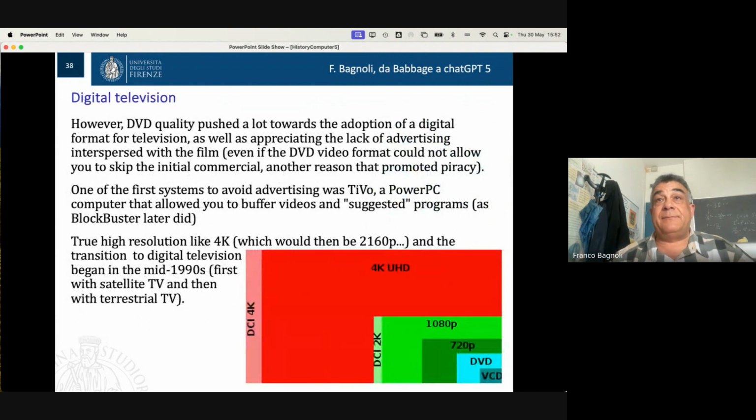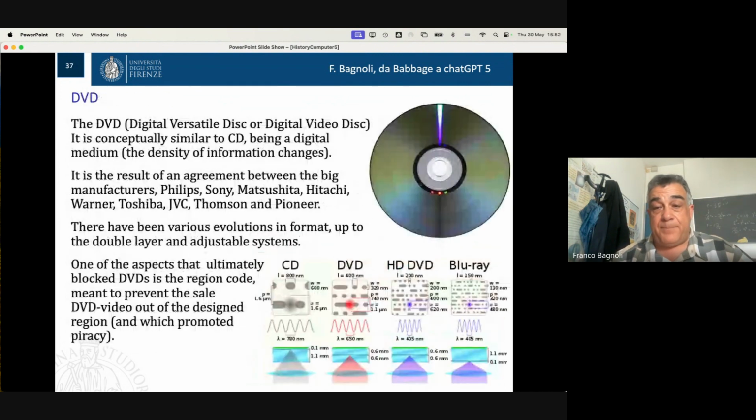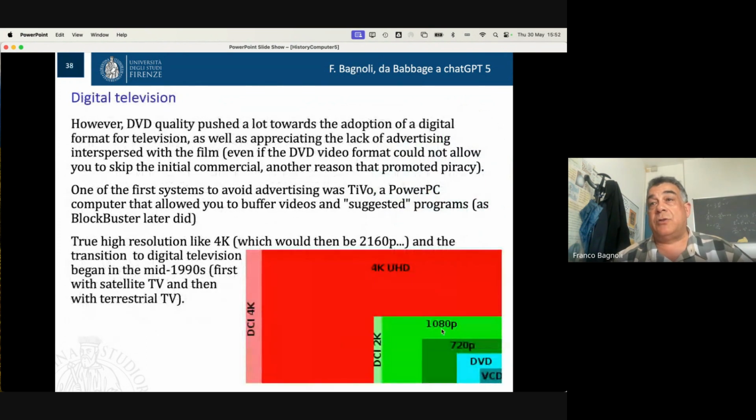But clearly each of these steps is accompanied by a higher resolution, and also clearly the need of changing television. So for instance, you can see here the resolution, the number of pixels, of a video that could be stored on a standard CD, then DVD. Then they switched the two numbers, so 720, 1080.